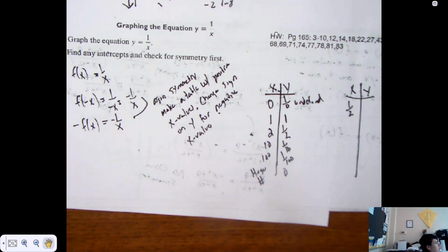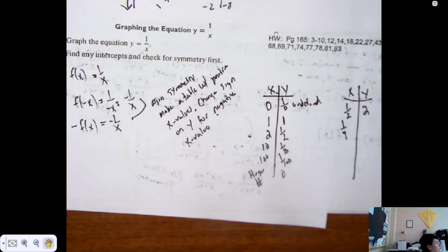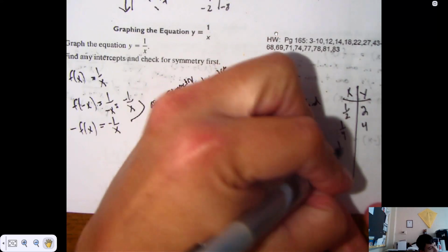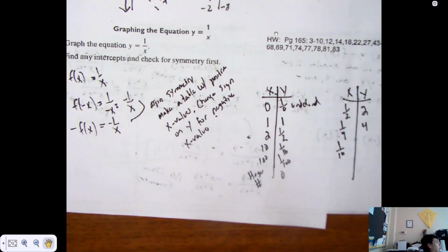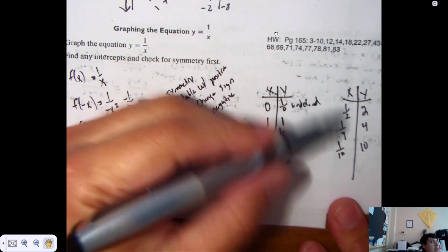Isn't it, kids? Give me another fraction smaller than a half. 1/4. What's 1 divided by a quarter? 4. Let's go with the little fraction, in this case 1/10. What do you get? 10.